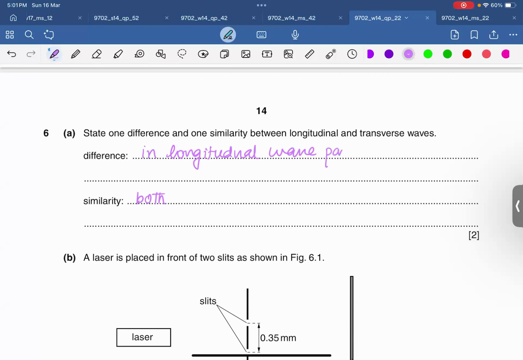So you say in a longitudinal wave, particles move or oscillate parallel to the direction of energy transfer, right?